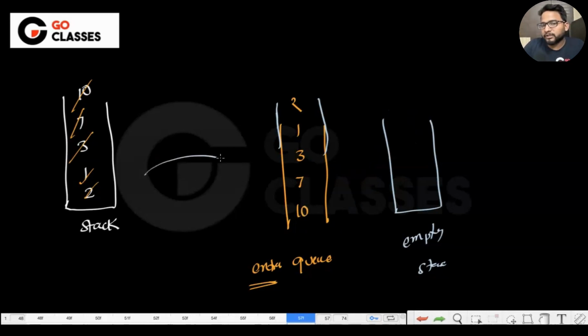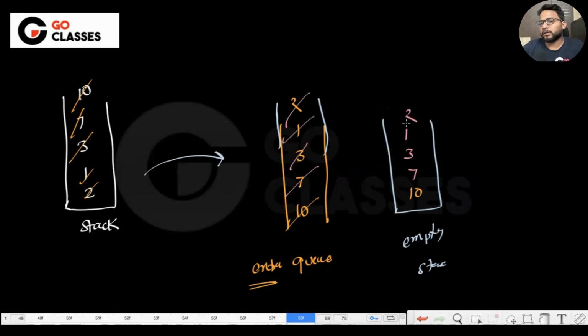Has everyone understood how we are reaching the current state? We are popping out all the elements and putting them here, right? Now, if you dequeue this 10 and put it here, and then dequeue this 7 and put it here, and then 3, 1, and 2, then the order is reversed, right?